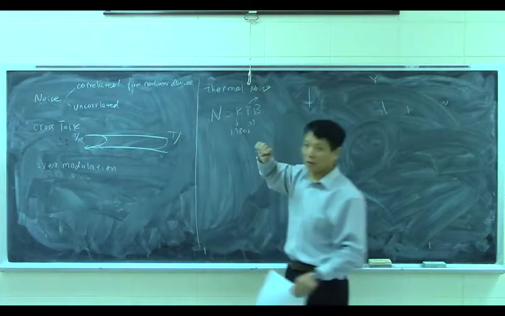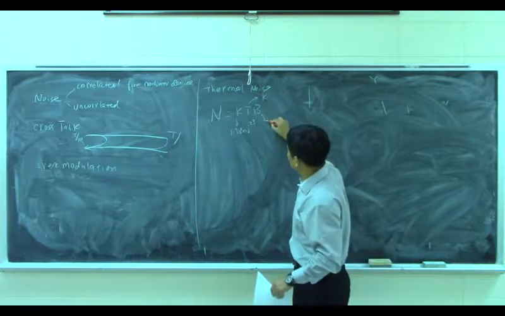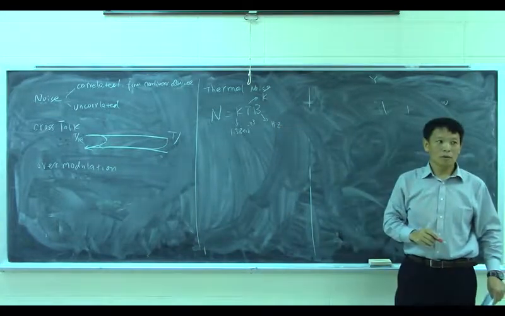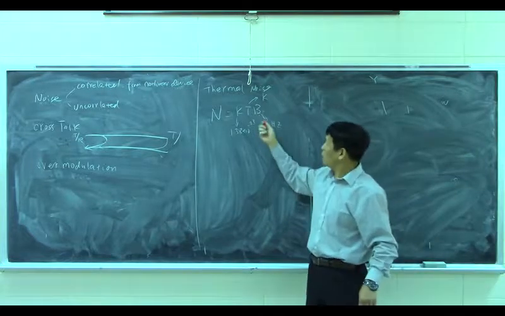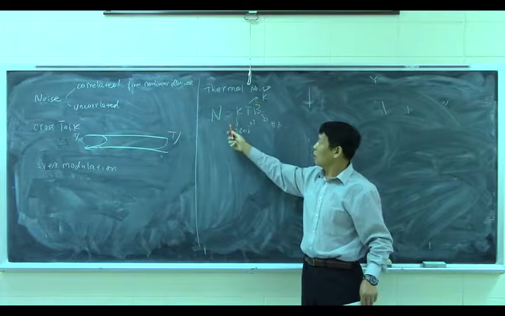T is the temperature in Kelvin, and B is the bandwidth in Hertz. So the larger the bandwidth, the higher the operating temperature, the larger the thermal noise.